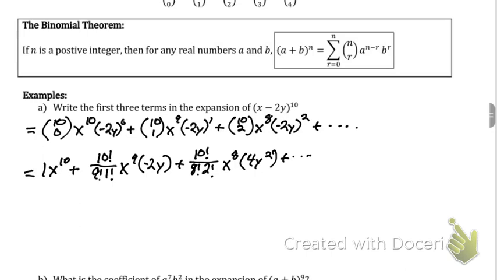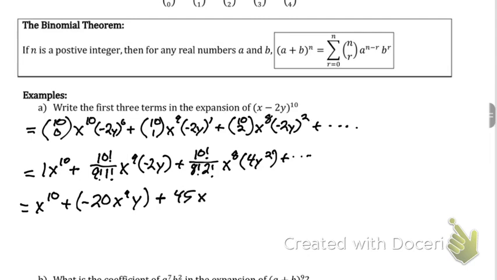All right, let's keep going. So our first one is 1 times x to the 10th, so that's just x to the 10th. 10 factorial divided by 9 factorial is just 10. And then 10 times the negative 2 would be negative 20x to the 9th times y. Plus, well, 10 factorial divided by 8 factorial times 2 factorial is actually 10 times 9 divided by 2, which is going to equal 45.